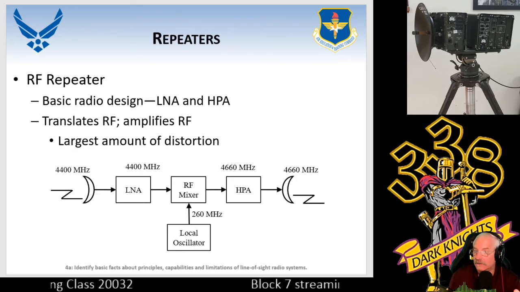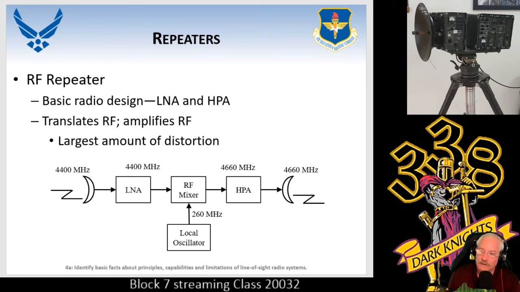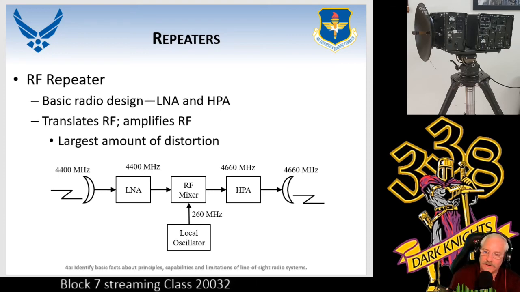So it did its 2 things that it needs, which is frequency translation, converting it from one frequency to another, and then amplification, which it did. It took the receive signal, boosted it up. Now I can mix it with the local oscillator, and then when I get ready to resend it out, I amplify it to the point where I know it's going to get to the distant end.